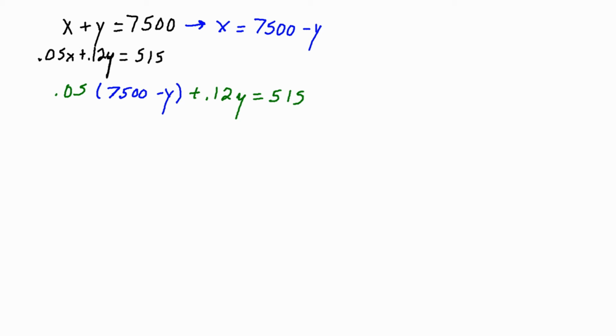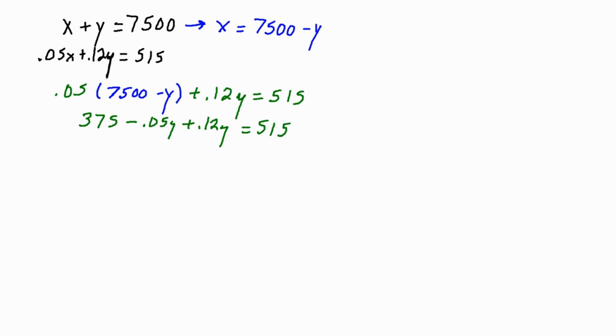Distributing my 0.05, 0.05 times 7,500 equals 375. 0.05 times y, bring down my minus sign, so minus 0.05y plus 0.12y equals 515.